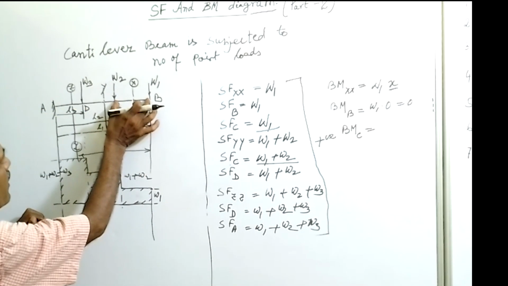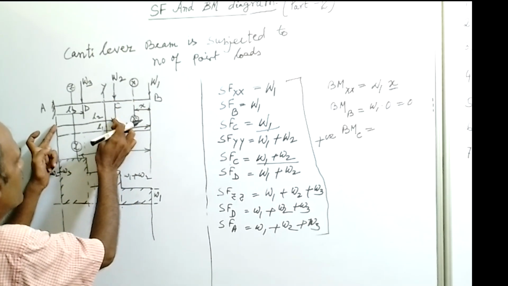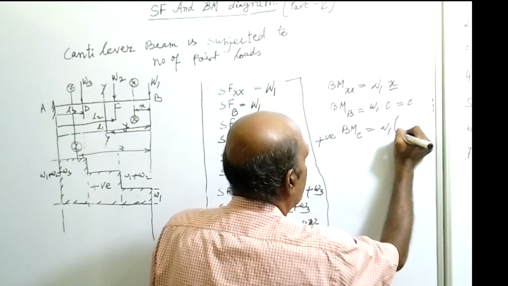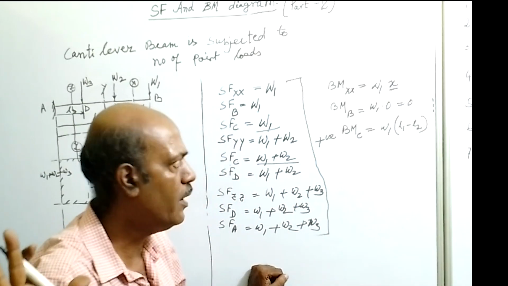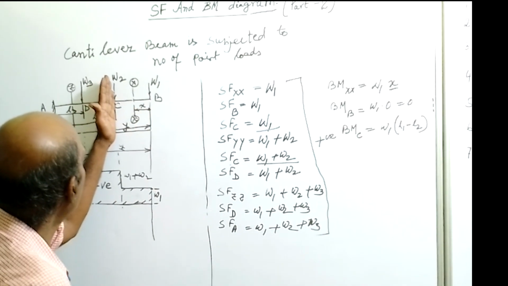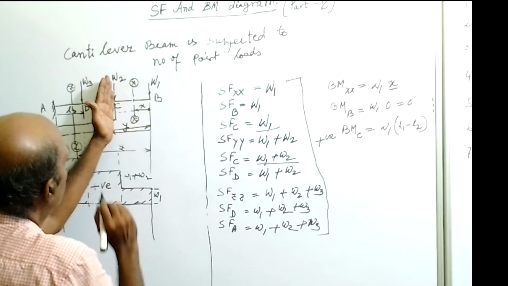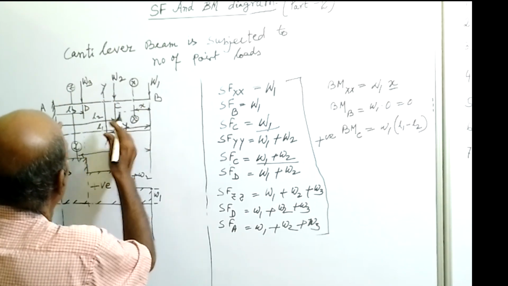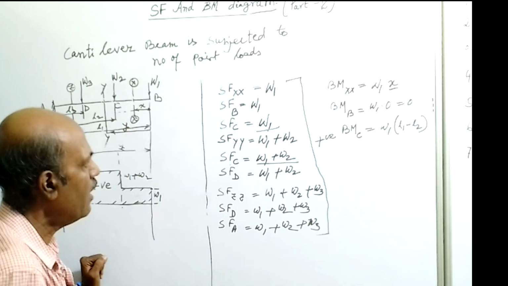Total distance is L1 and this distance is L2, so the x value will be this length minus this length, L1 minus L2. So it will be W1 into (L1 minus L2).